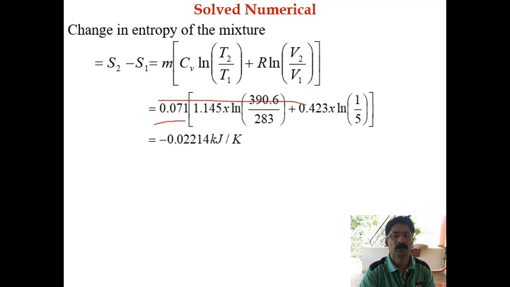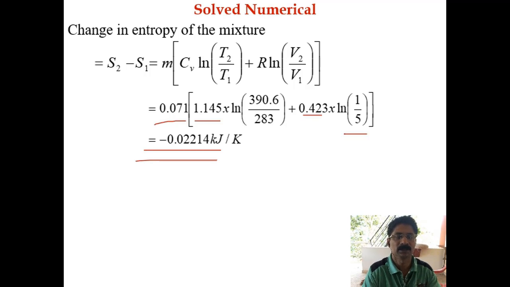So m is 0.071, Cv is 1.145, T2 by T1 is 390 by 283, R is 0.423 and V2 by V1 is 1/5. So if you substitute, you will get the change in entropy value as minus 0.02214 kilojoules per Kelvin. It is kilojoules per Kelvin because mass is given.